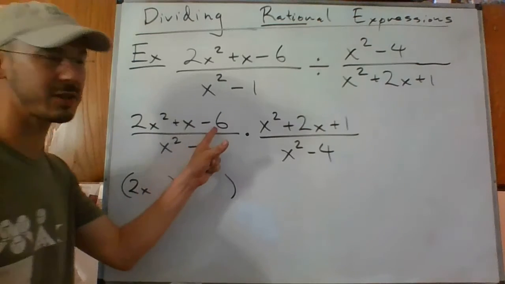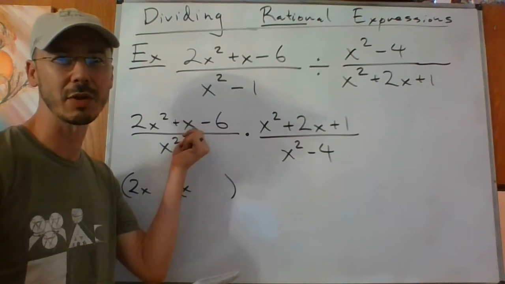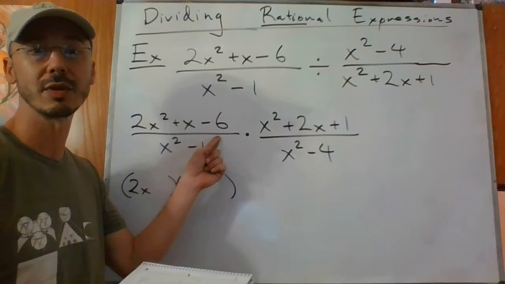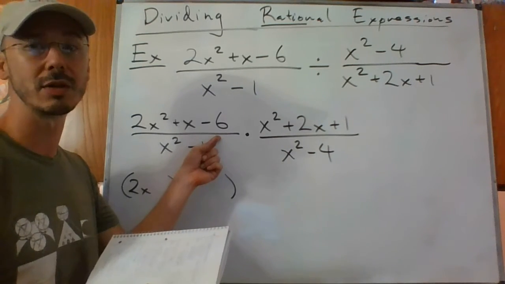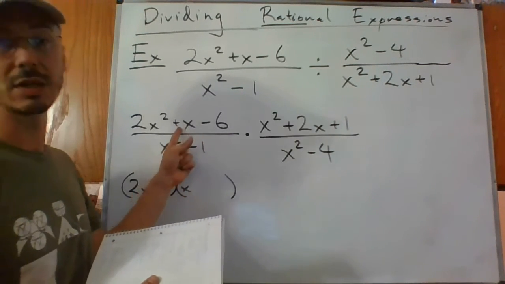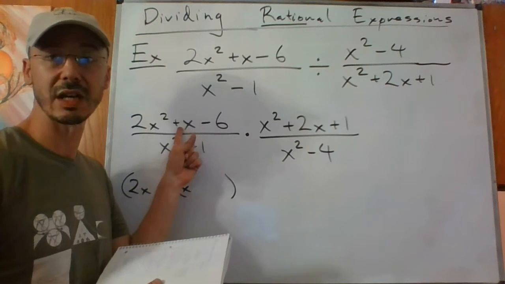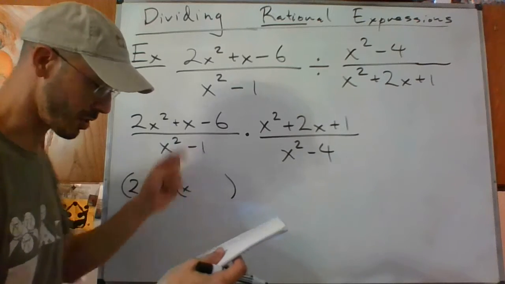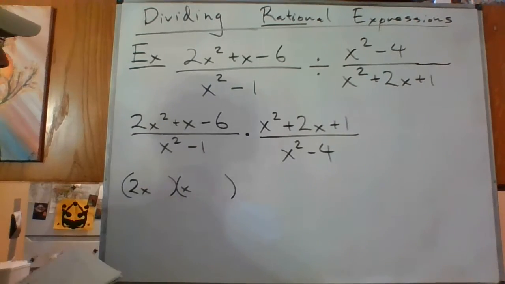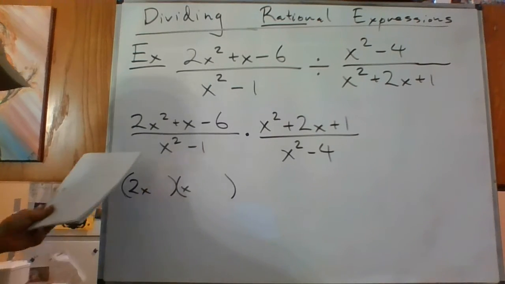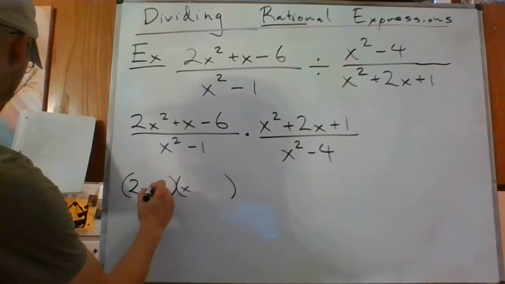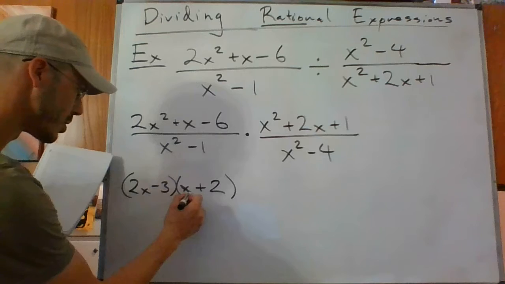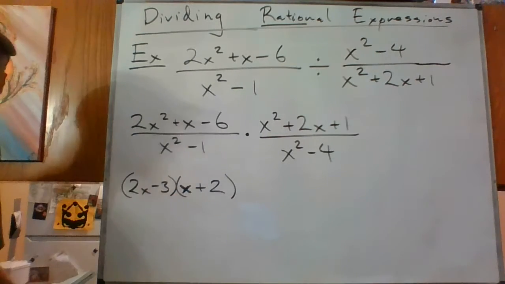But it's not the factors of negative 6 that add up to 1 that I'm looking for. It's really the AC method. I use 2 times negative 6 is negative 12, and then I factor that number into 4 and negative 3. Those are the things that I need to group to finish factoring this. But it comes out to (2x minus 3)(x plus 2) for that one.